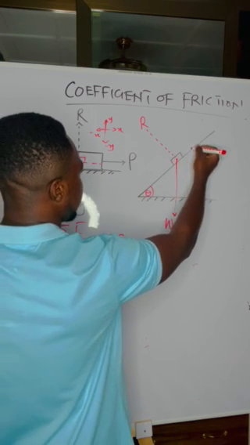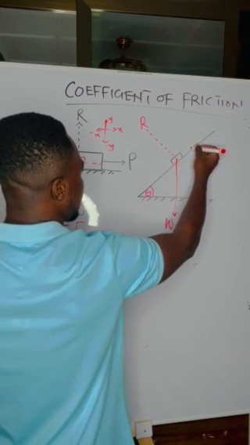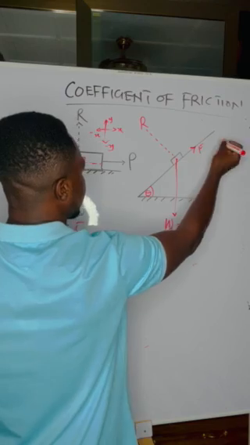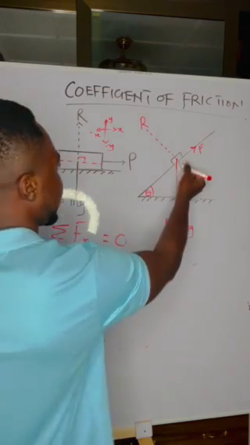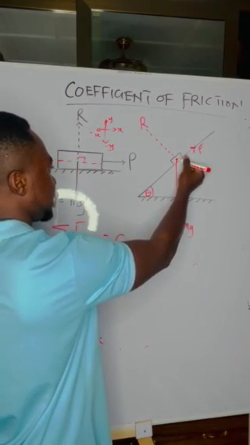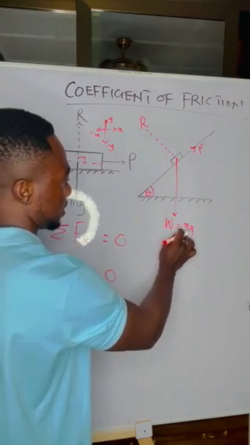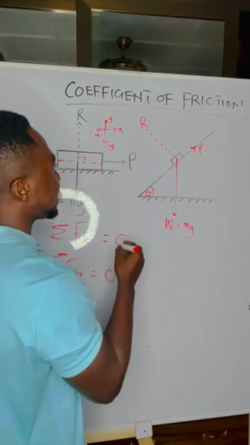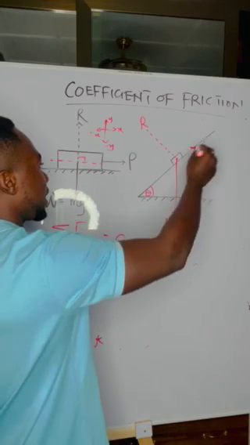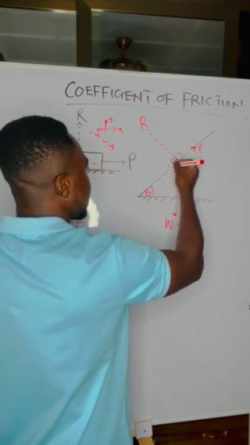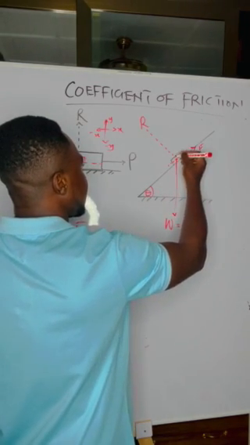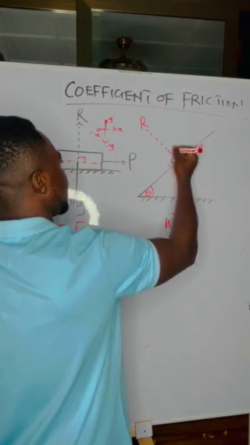Then the frictional force will act in the opposite direction, F, this way. The weight of the body, that is center of gravity, will act vertically downwards. That's weight mg. Then the normal reaction should always be perpendicular to the plane, forming an angle of 90 degrees to the plane. So there's the normal reaction R.